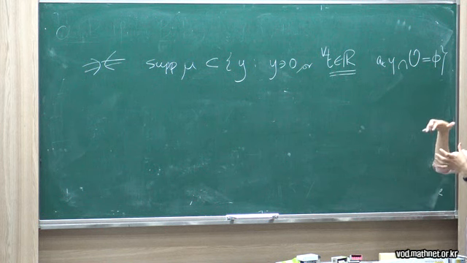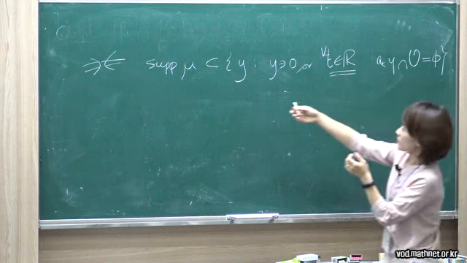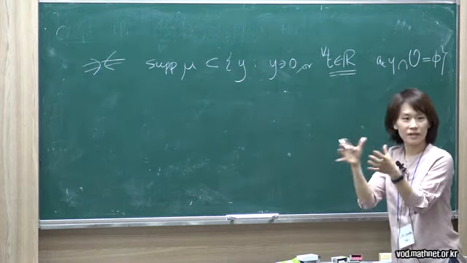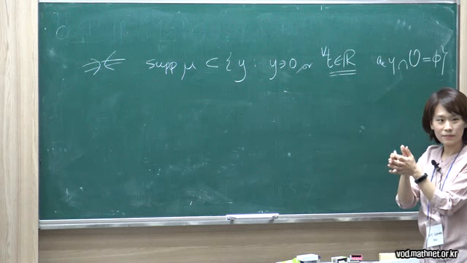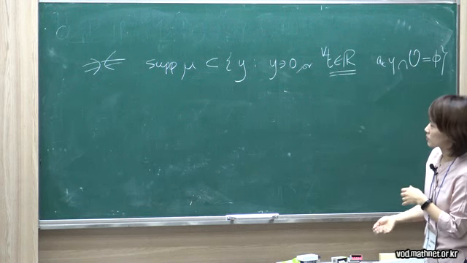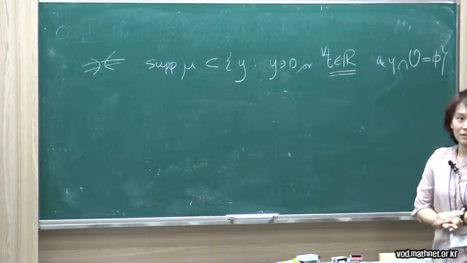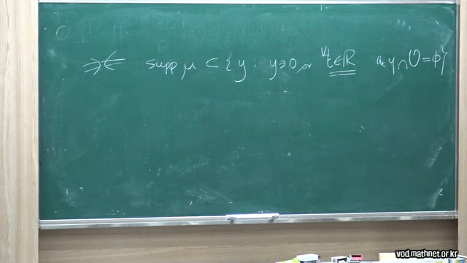But O was this cylinder, so it's not possible that this set is translation invariant and still you don't have any intersection with this big cylinder. Okay, so you have a contradiction. So that is the end of the proof.